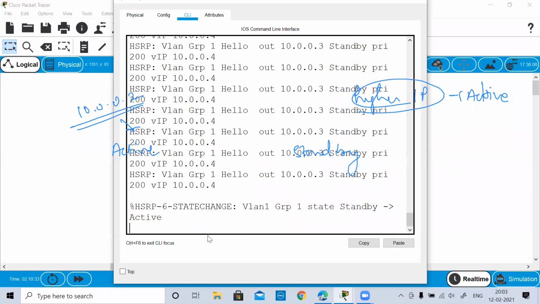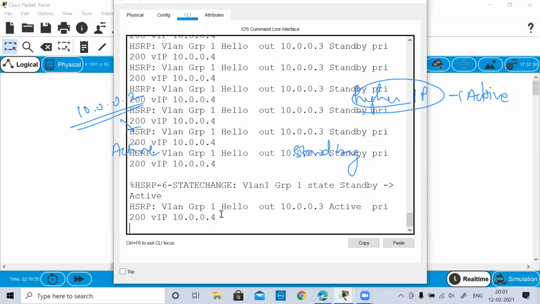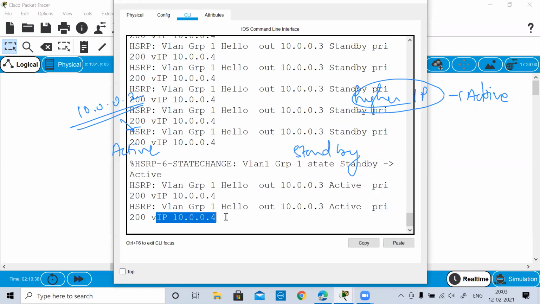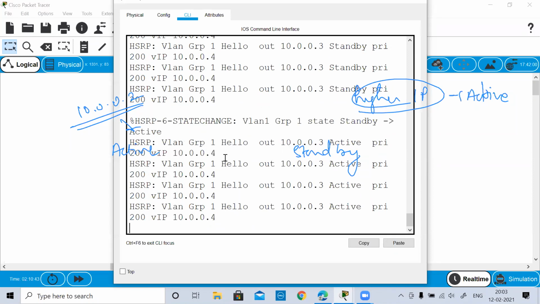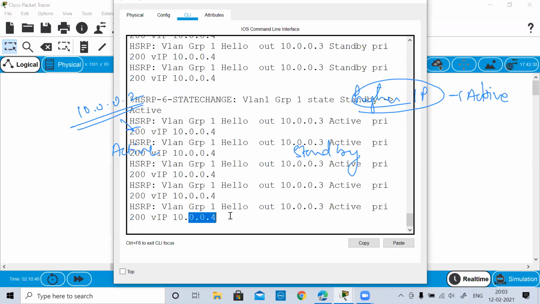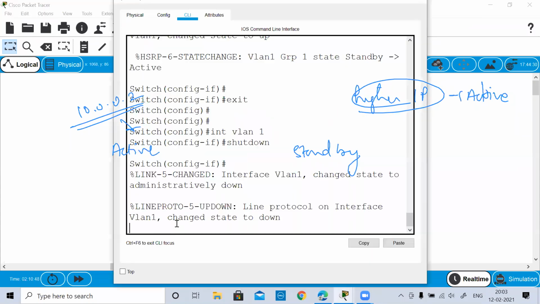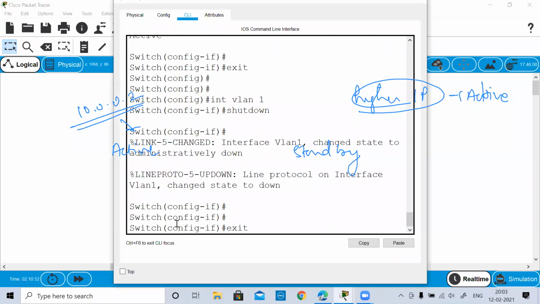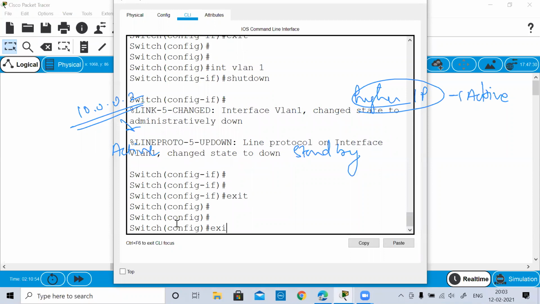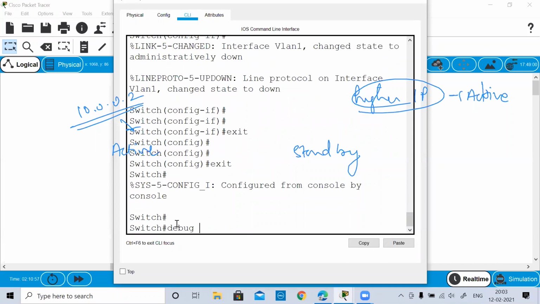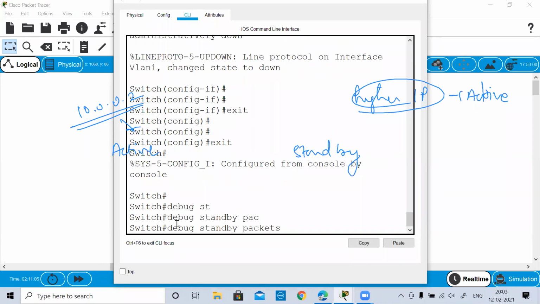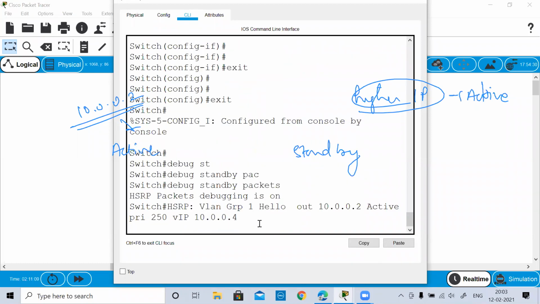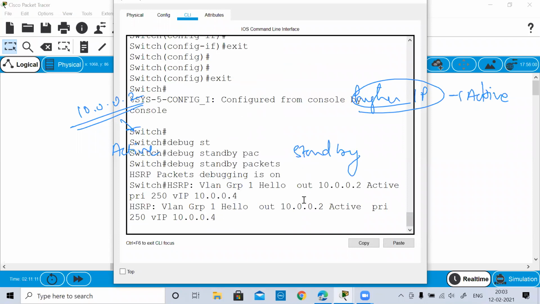Okay, so far it is going right this way. Now this has become active. These are the states which you will find. Here also if I go and do the debug, it will tell you which one is active.